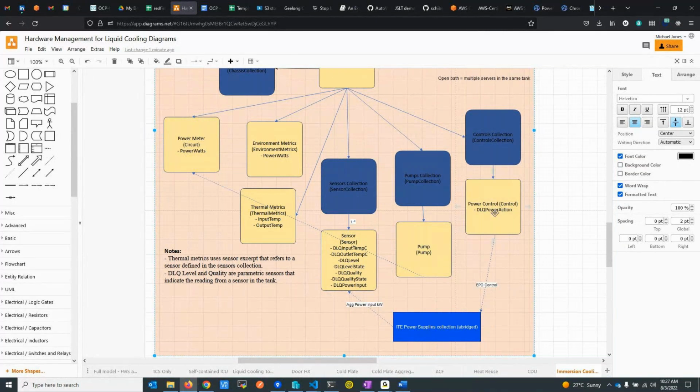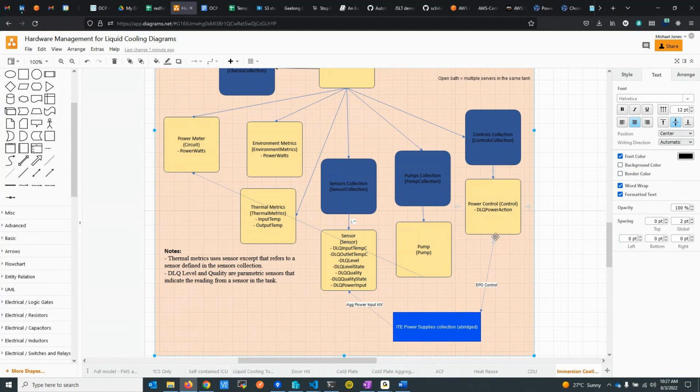So this DLQ power action, if you turn that off, will shut down all the incoming power to the ITE.